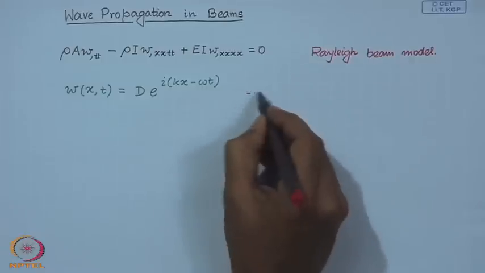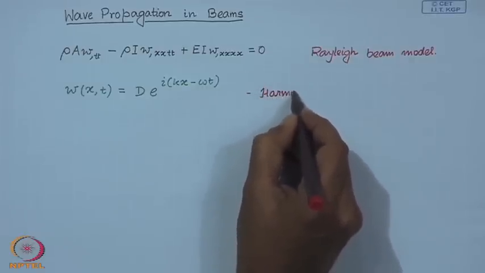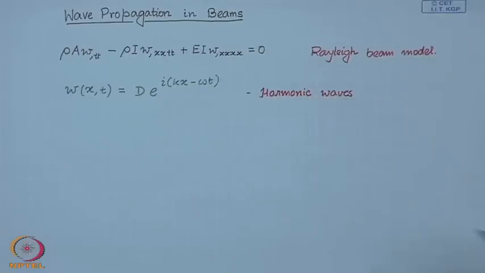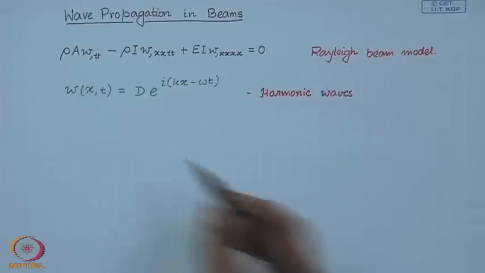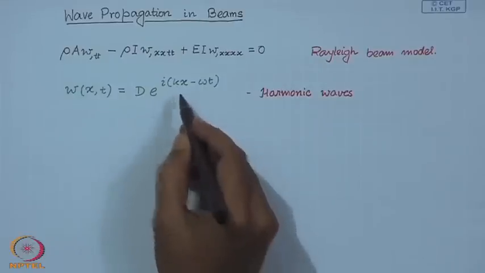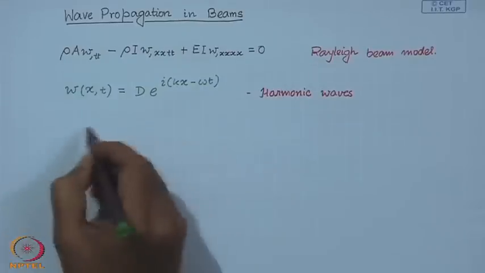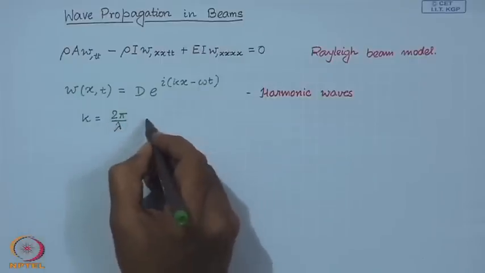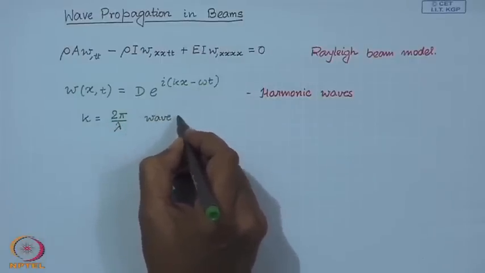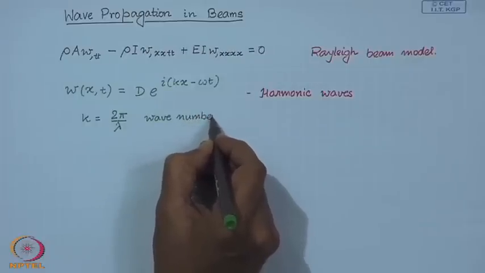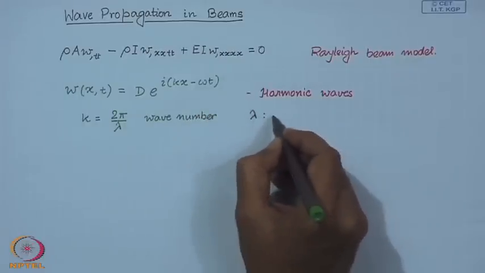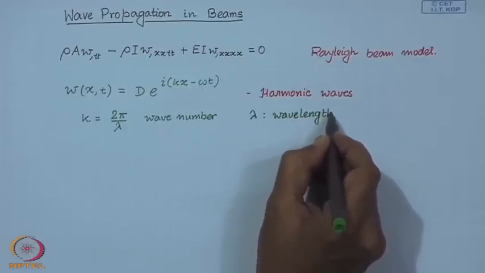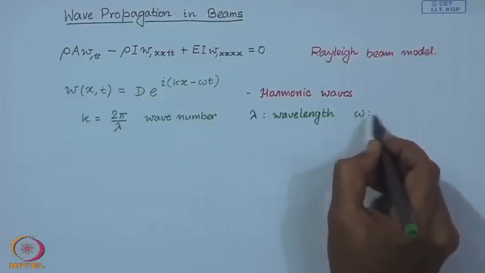So, we would like to look at the propagation of waves of this form, where this k is the wave number, lambda is the wavelength and omega is a circular frequency.